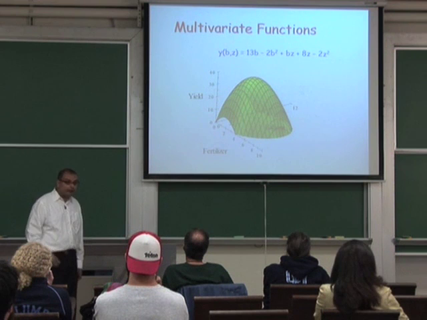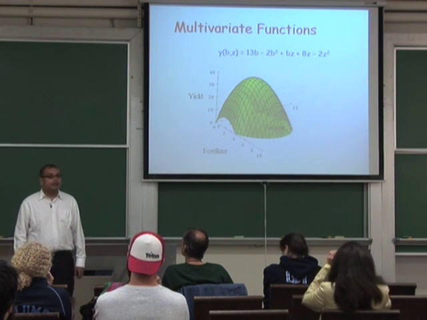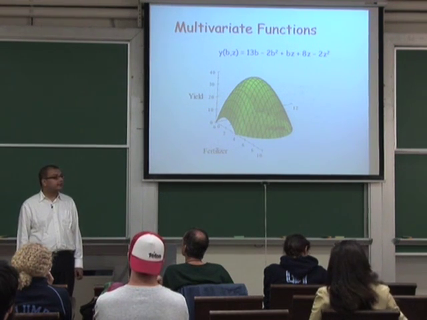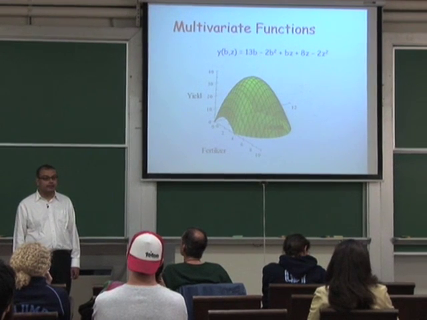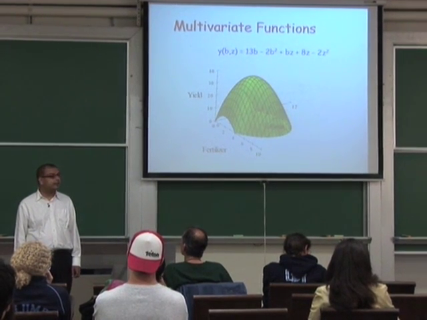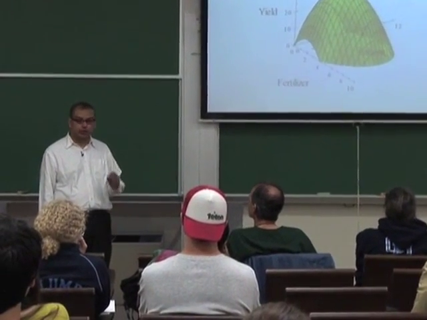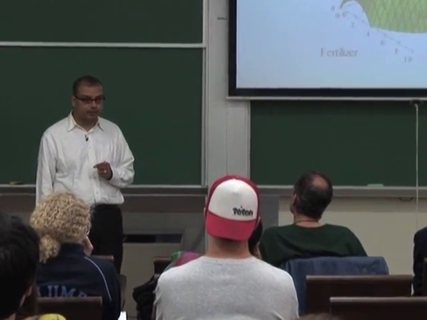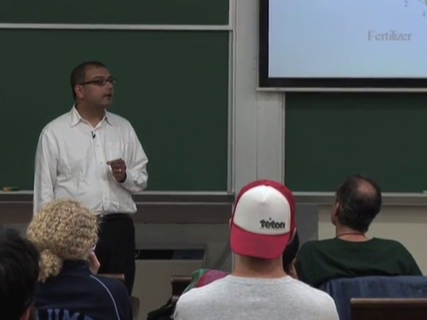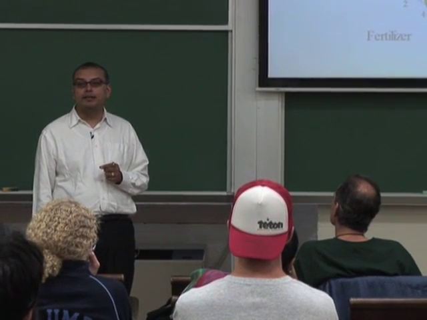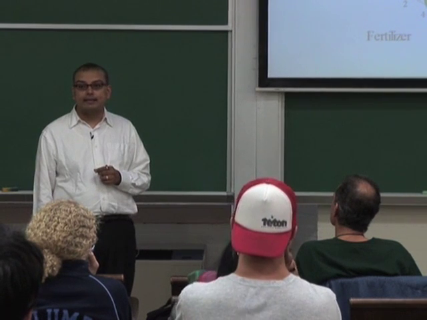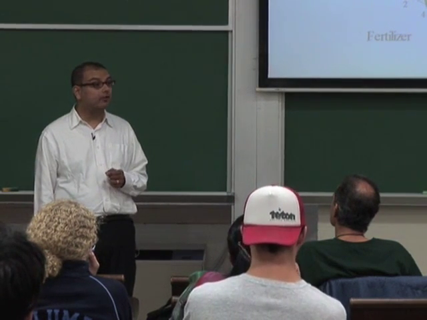An interesting question might be, suppose that you fix one of the inputs only, how would the yield vary as you varied the other input? So you hold constant one input, and you ask, how would yield vary as you vary the other input?